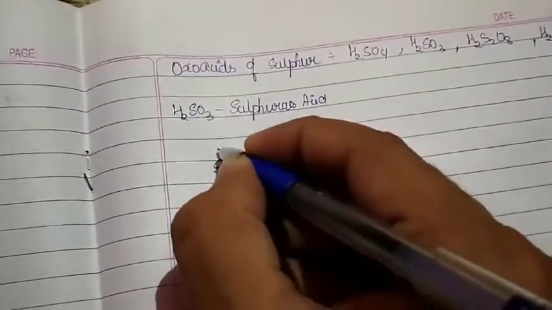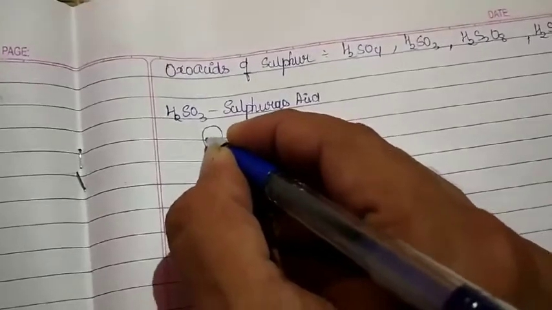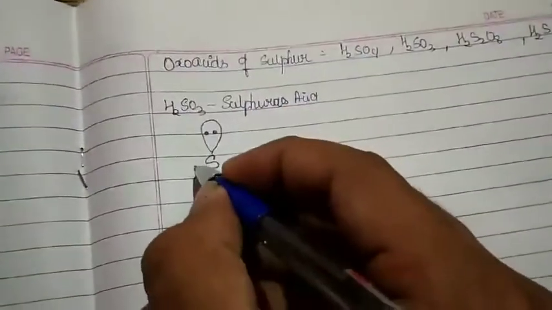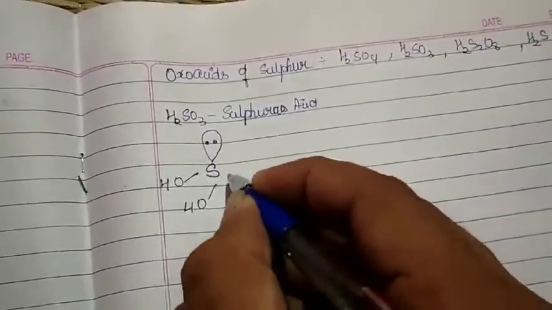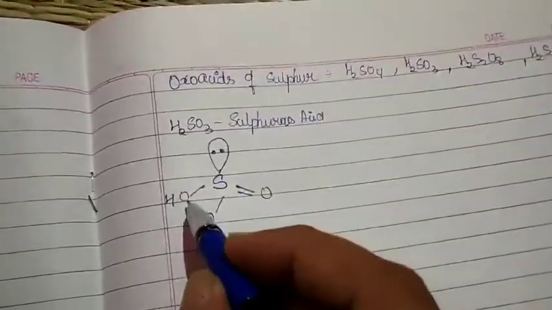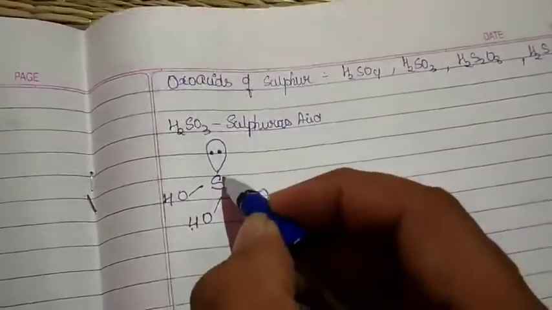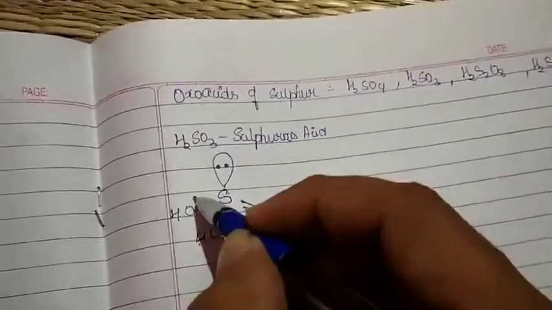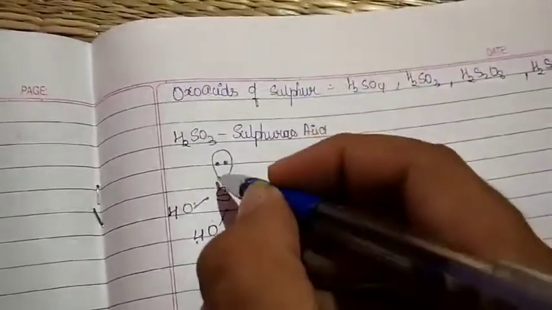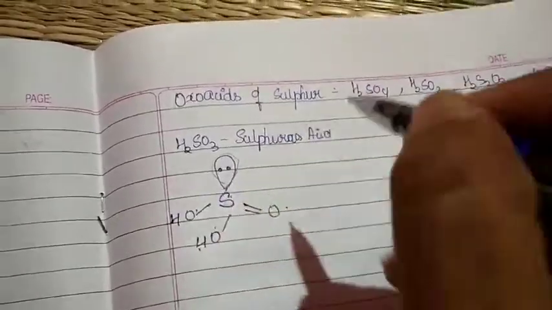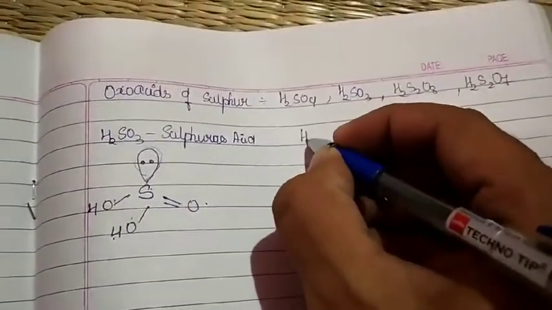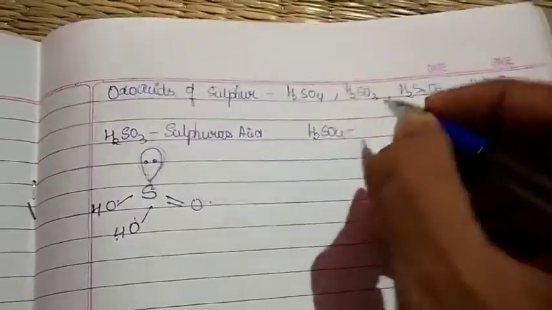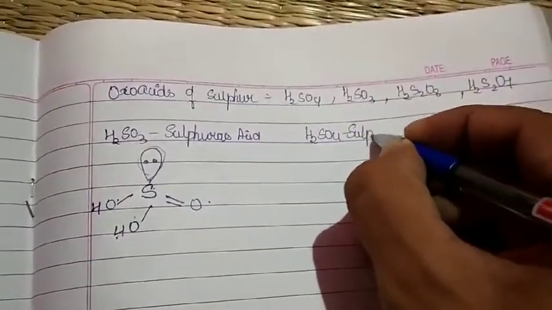You will be having a sulfur with one lone pair of electrons with an OH, an OH and a double bond O. So you just see H2SO3, but do remember it is having one lone pair of electrons. Coming to the next one, your H2SO4, which means sulphuric acid.